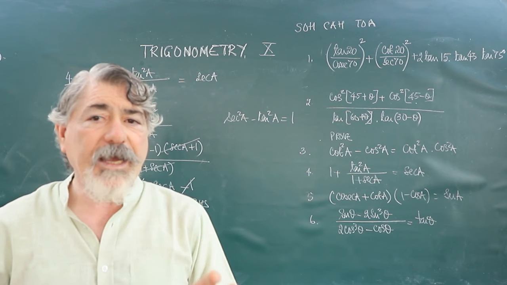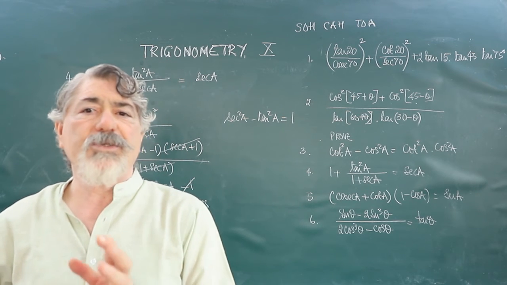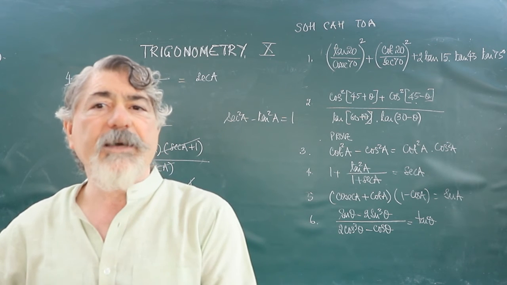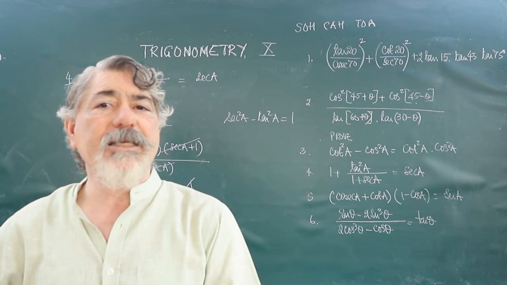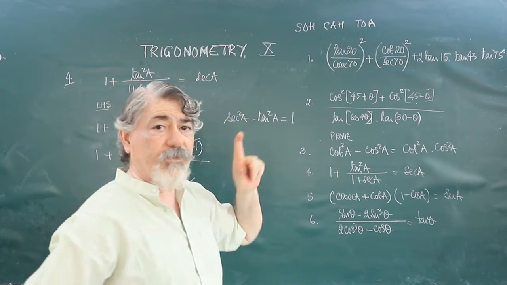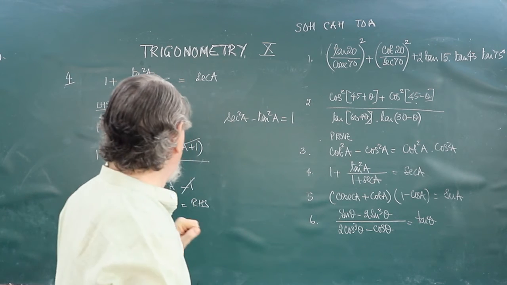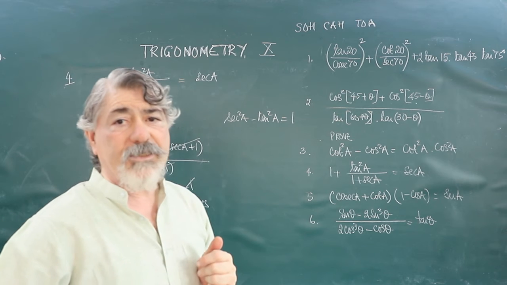that with every identity, like sin square theta plus cos square theta was one identity. Then sin square theta was 1 minus cos square theta, second one. Then cos square theta is 1 minus sin square theta. Similarly, sec square theta minus tan square theta was 1. Then sec square theta was 1 plus tan square theta, or sec square theta minus 1 is equal to tan square theta.